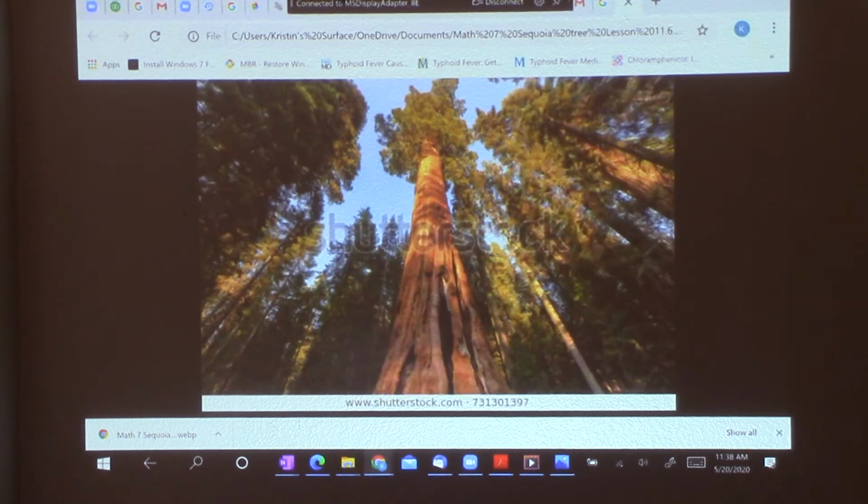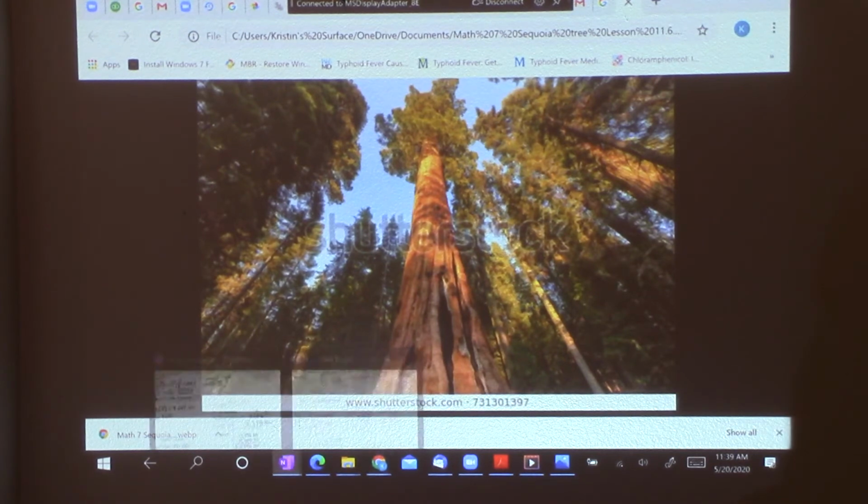The largest living tree in the United States is a giant sequoia in Sequoia National Park in California. Its trunk is roughly circular and has a circumference of 1,231 inches. That's a lot. What is the tree's diameter at ground level? Okay, so we've seen the picture, big, beautiful trees.